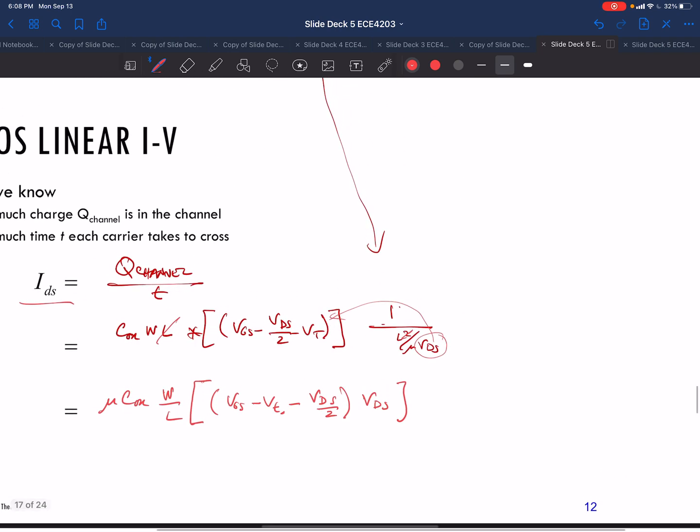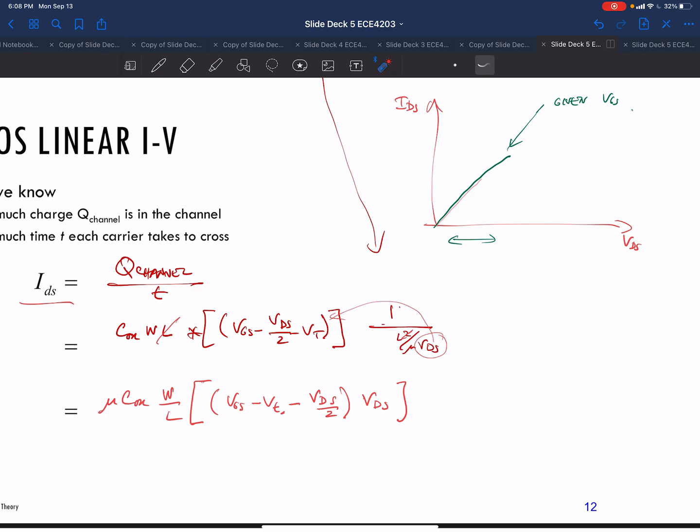If we were going to draw again the curve of VDS versus IDS, this is for a given VGS. At a given VGS, we plug that VGS in, and the threshold voltage for the MOS transistor is a set value. Then as we sweep VDS across, we get this difference in current.